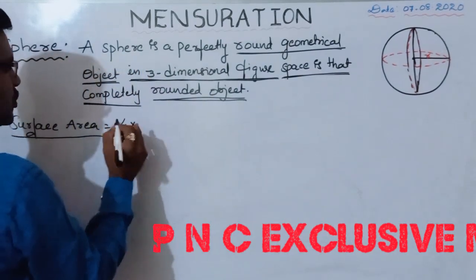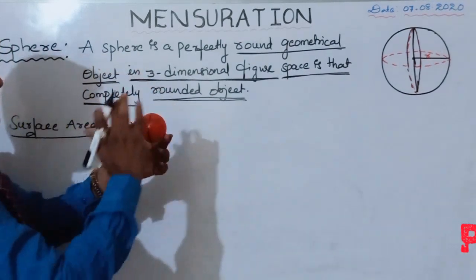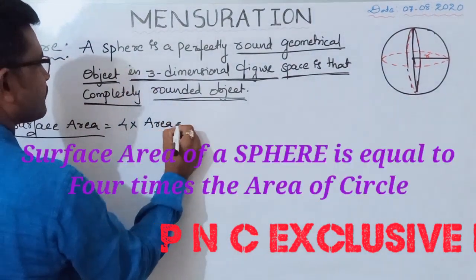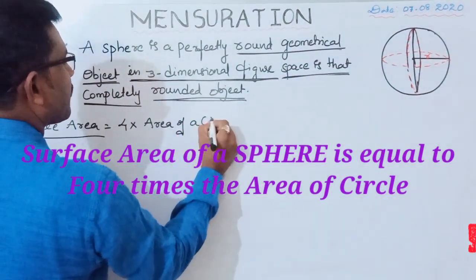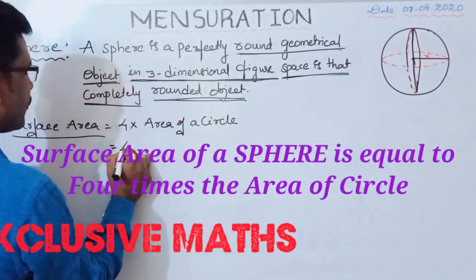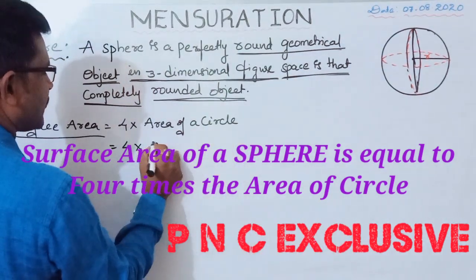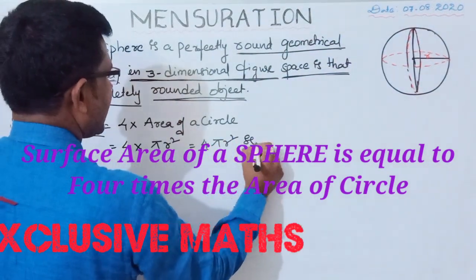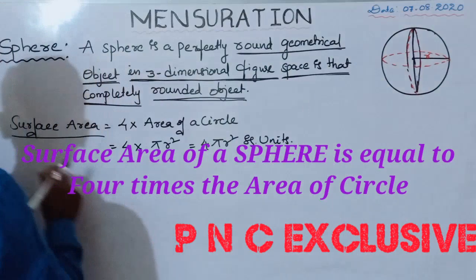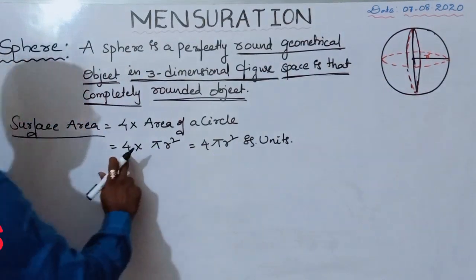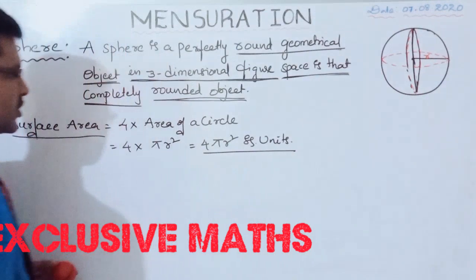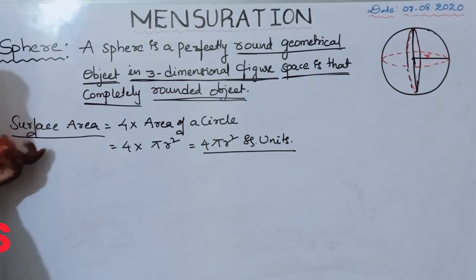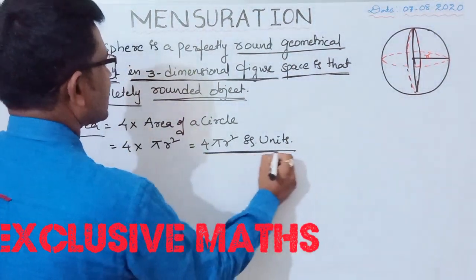So 4 into, since a surface looks like a circle, 4 into the area of a circle, which means 4 pi r square square units. So the surface area of a sphere is 4 pi r square square units. This is both the total surface area and the curved surface area.